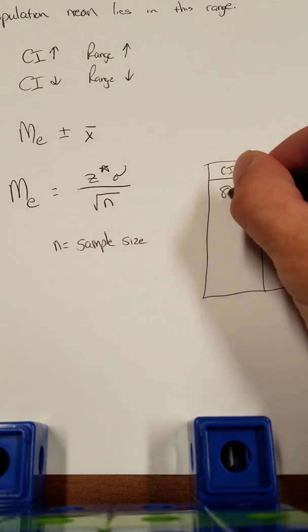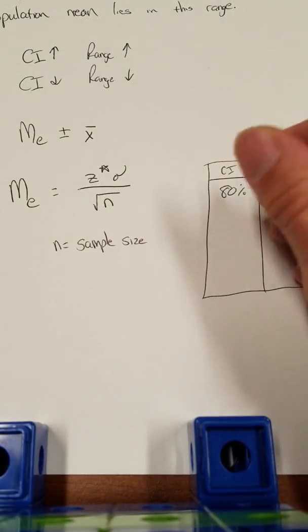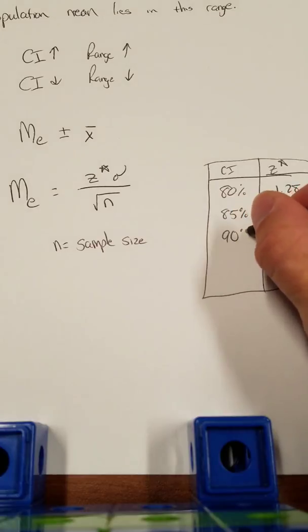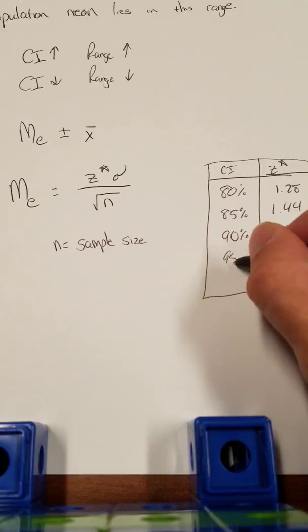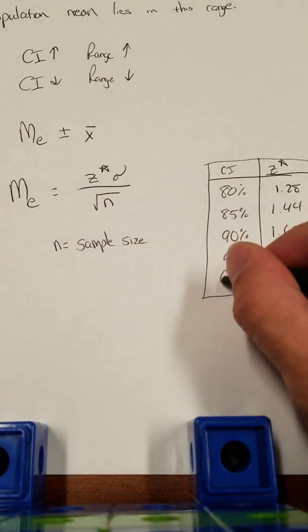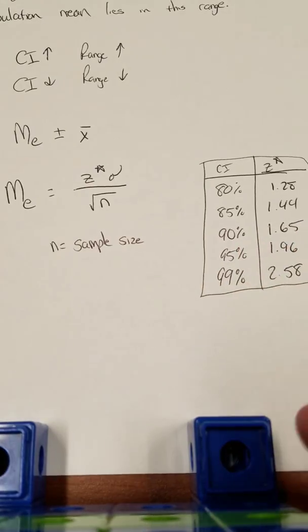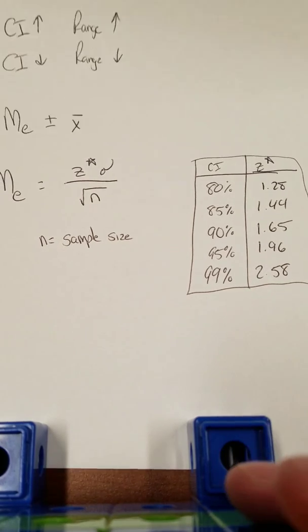So if we have an 80% confidence interval, our Z star value is going to be 1.28. 85%, 1.44. 90%, 1.65. 95%, 1.96. And 99% confidence interval, 2.58. Okay, so pause the video, make sure you get all those values down, and then we're going to do a practice problem. All right, hopefully you have all that down.